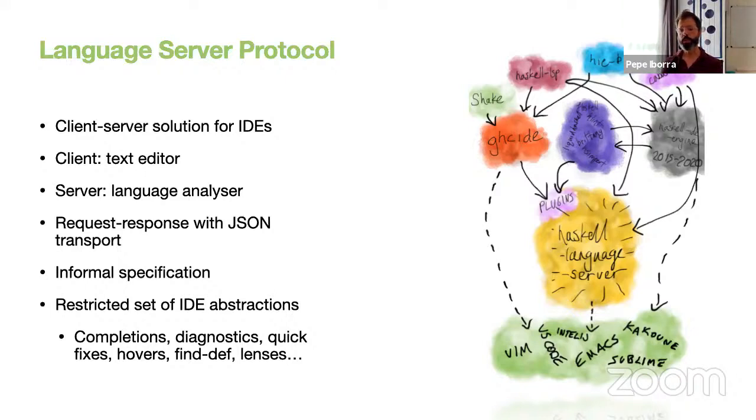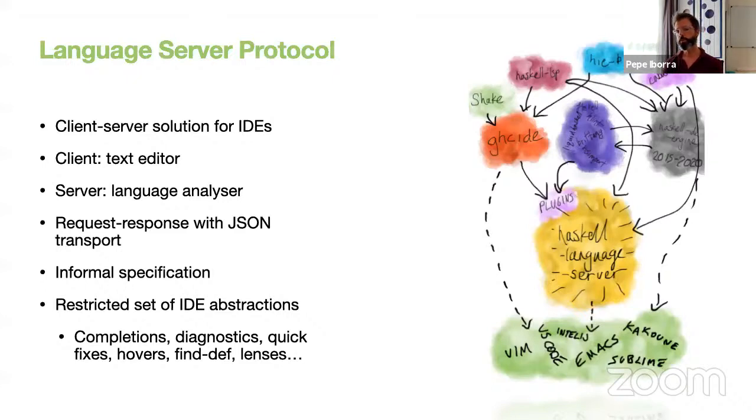So to date, I think Haskell has at least 4 LSP servers, including GHCIDE and the Haskell Language Server. And this solution works quite well. The only compromise that LSP makes is to restrict itself to a set of well-known IDE abstractions like completions, diagnostics, quick fixes, and so on.